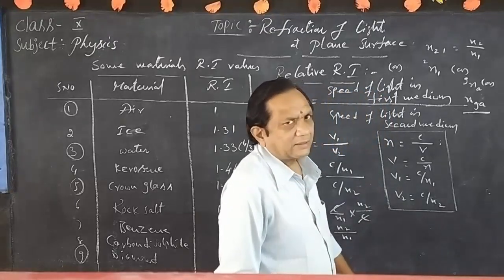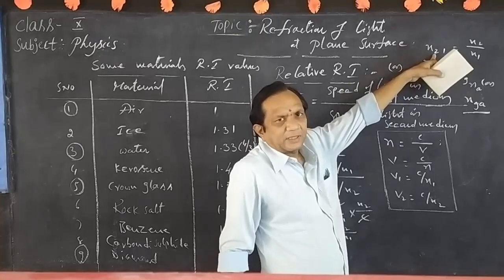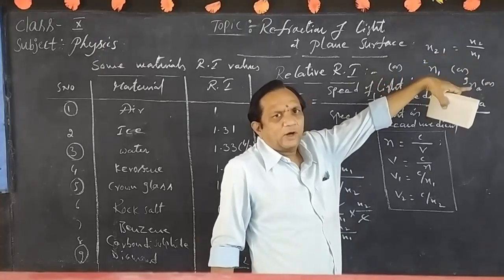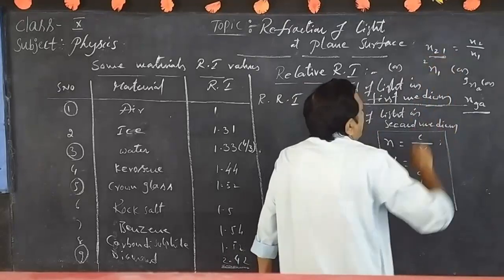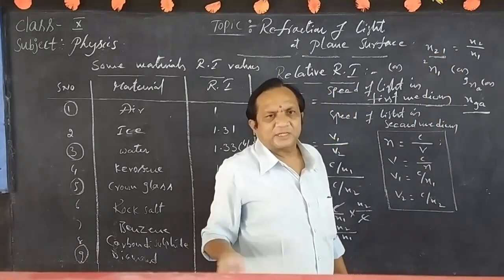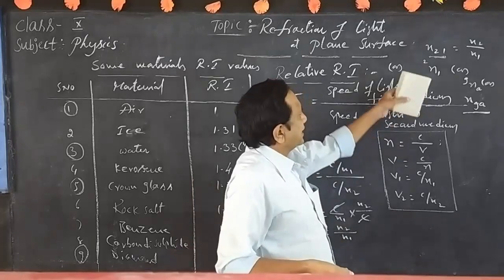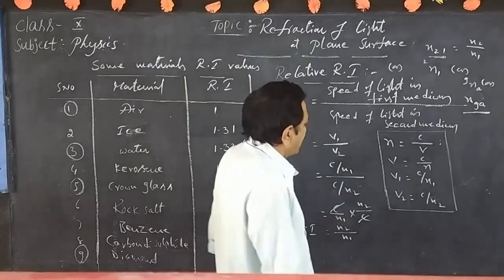Understand? Whatever is the numerator, write that medium first, and next write the denominator medium. So it is not read as twenty-one. It is read as the second medium with respect to the first medium. Understand?